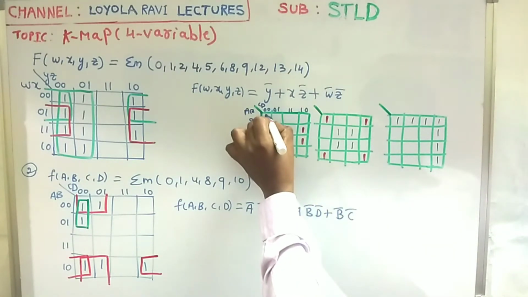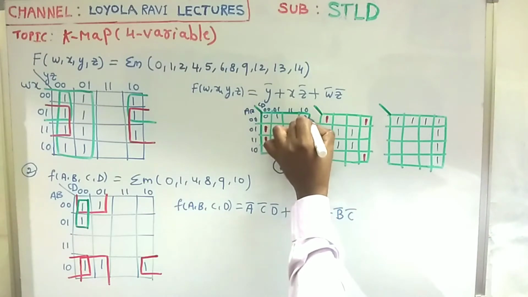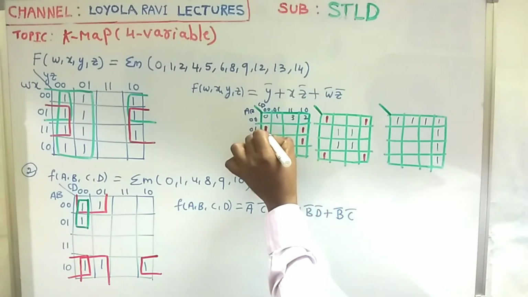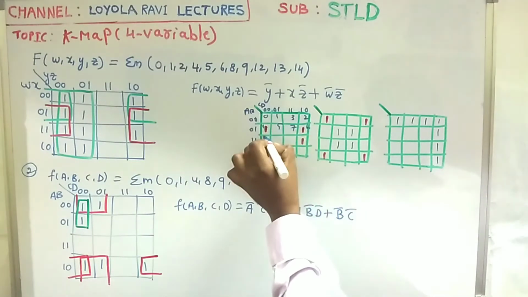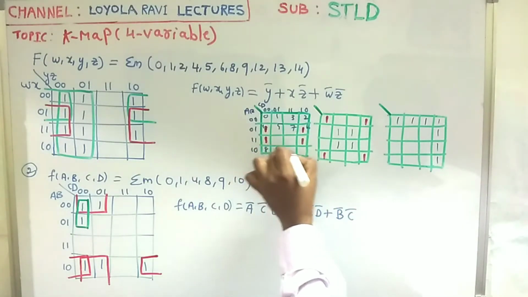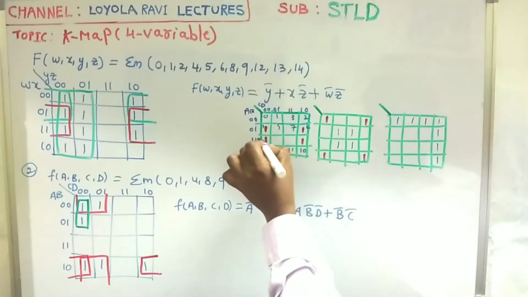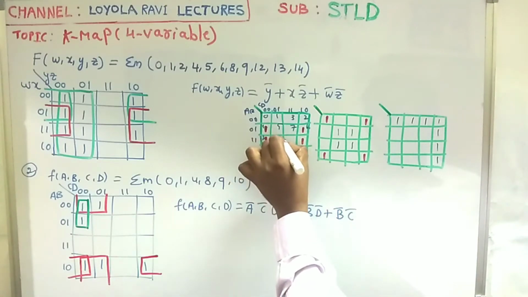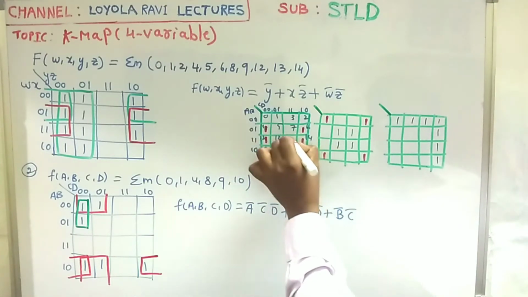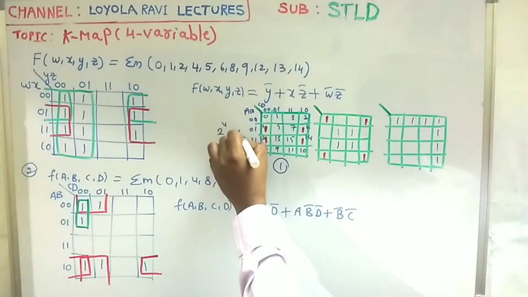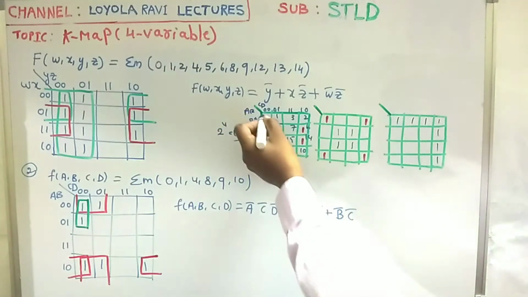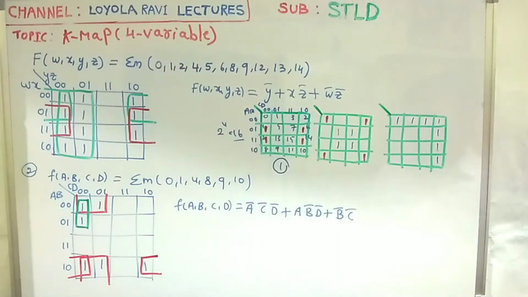Otherwise, you may take 0, 1, 2, 3, and 4, 5, 6, 7, here 8, 9, 10, 11, here 12, 13, 14, 15. For 4 variables, 2 power 4, there are a total of 16 combinations, 0 to 15.